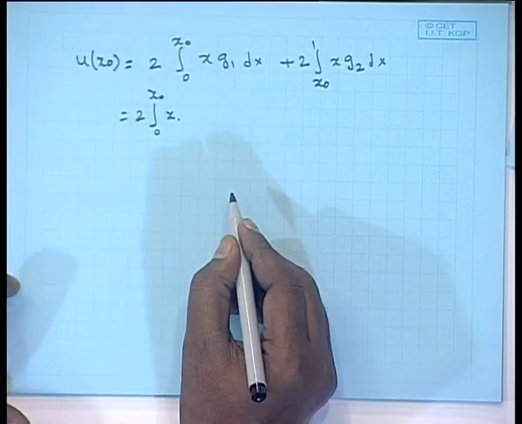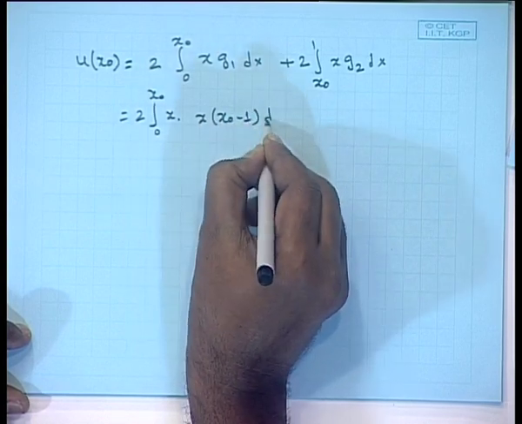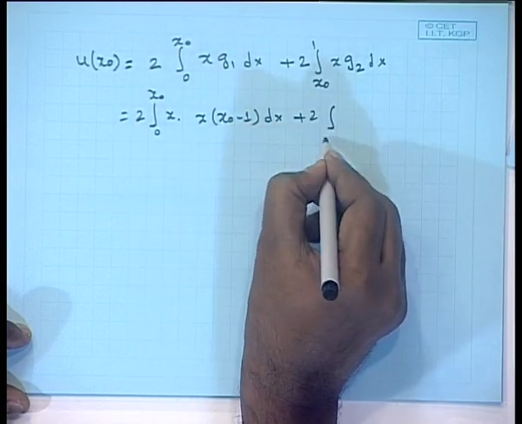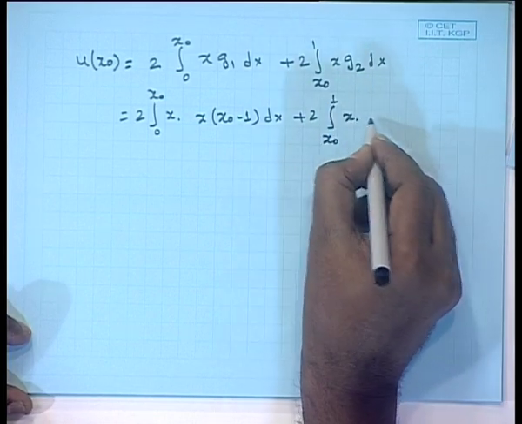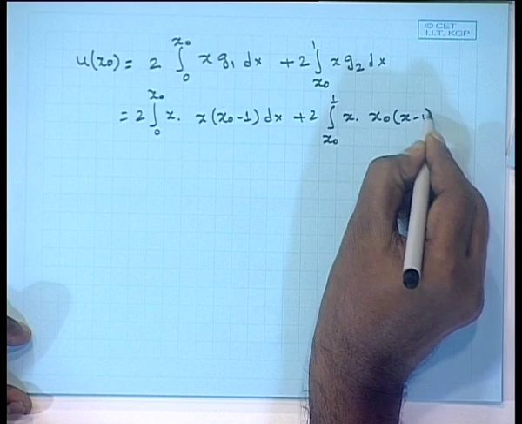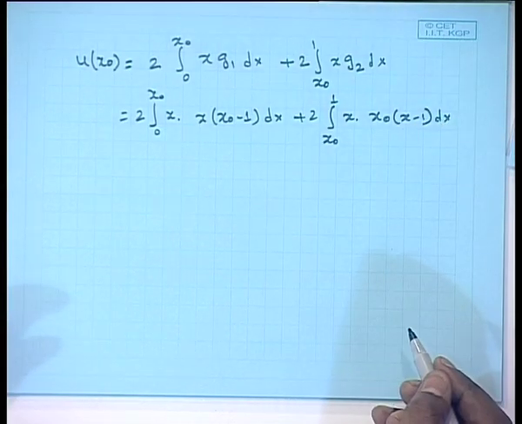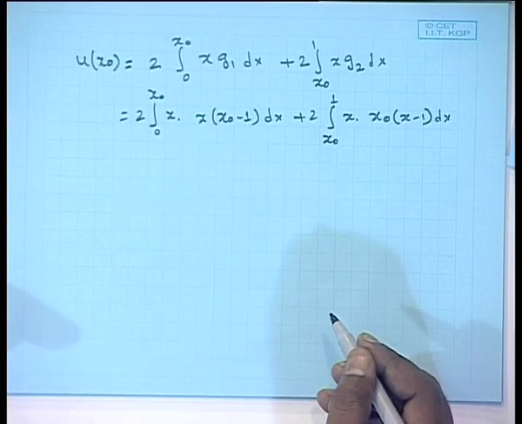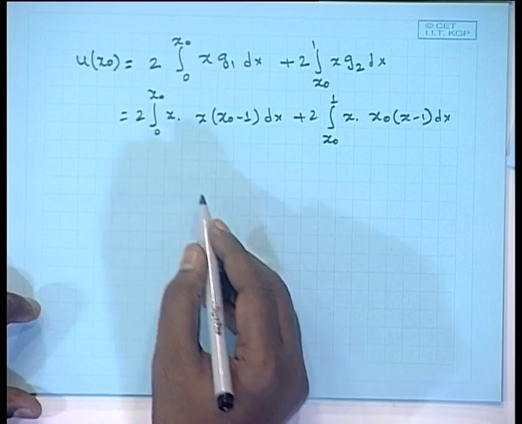What is g1? g1 is for the lower half. The solution is x into x naught minus 1 dx, plus 2 integration x naught to 1 x. What is g2? g2 is x naught into x minus 1 times dx. We have already found out the Green's function. I am just substituting the expression of Green's function in the lower half and the upper half. Okay.